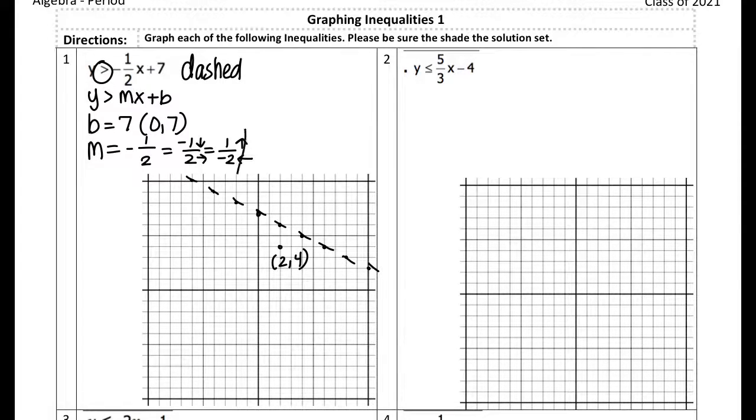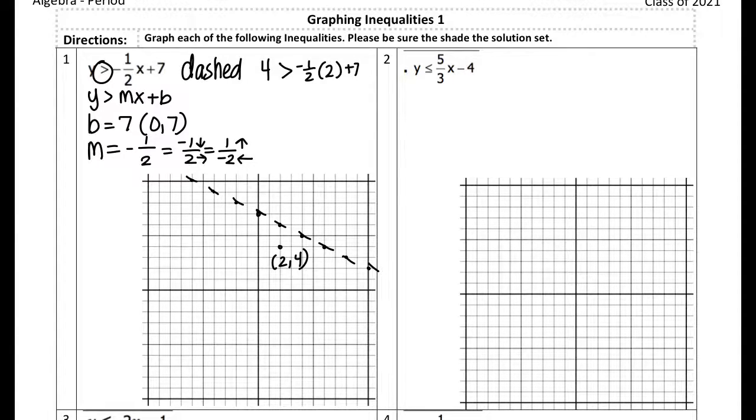So if I take a look at my inequality, okay, I have y is greater than negative 1/2 x plus 7. The x in my point was 2, and the y in my point was 4.